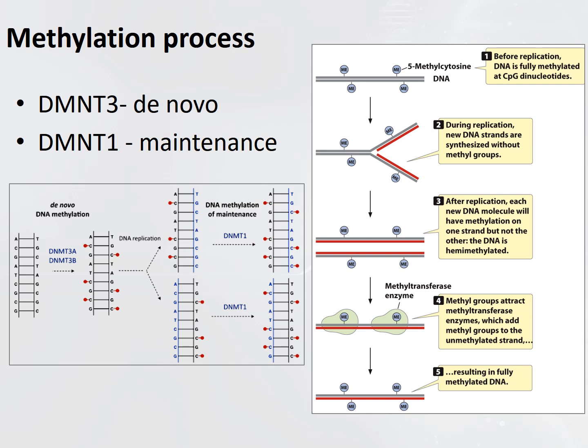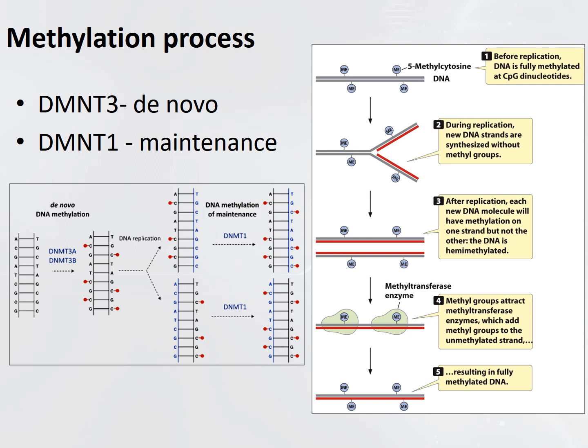Remember that DNA is replicated in a semi-conservative fashion with an old and a new strand for each new helix. The parental strand carries the original methylation pattern, and the daughter strand is initially unmethylated. So the DNA immediately after replication is hemimethylated.